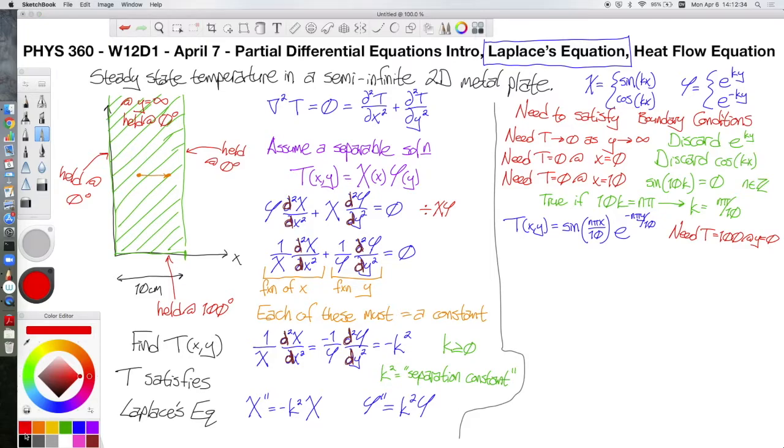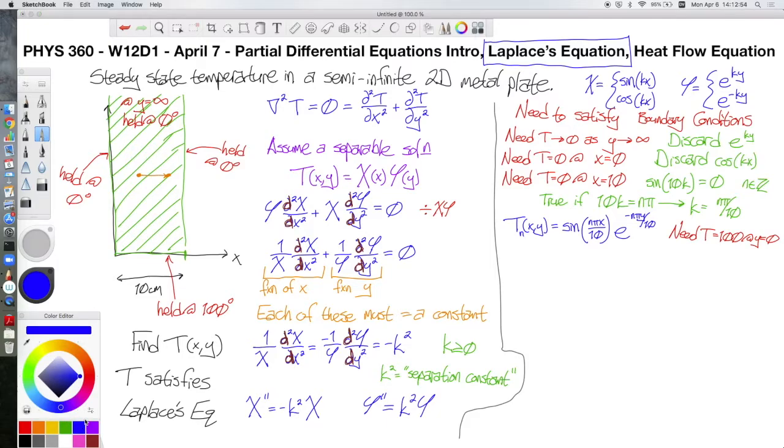So I'm going to rename this T as T sub n. This is a basis function. We're going to take a linear combination of these solutions for a number of different values of n in order to satisfy our last boundary condition.